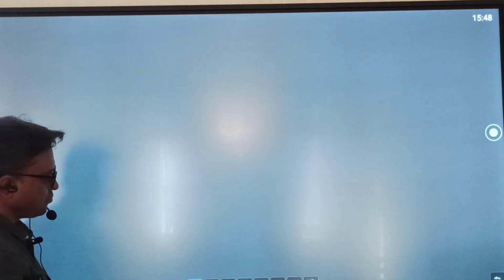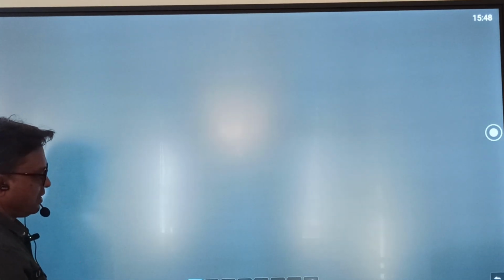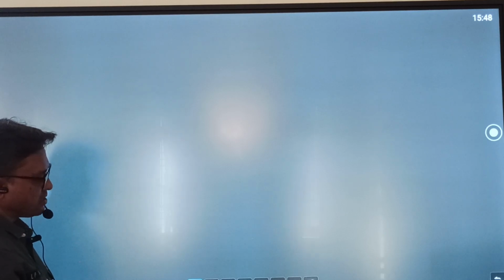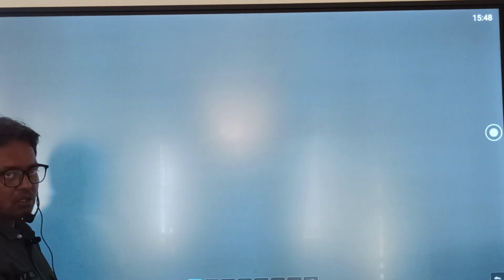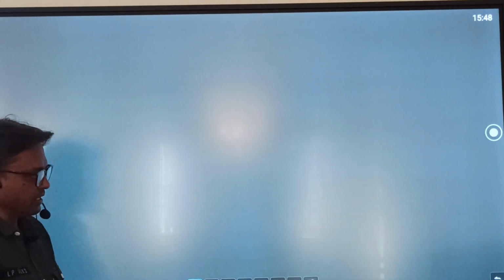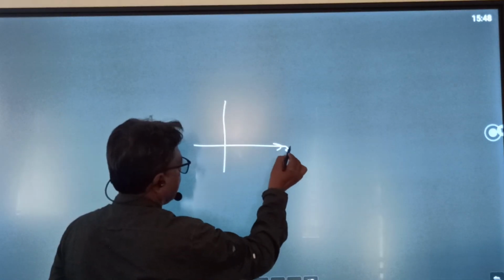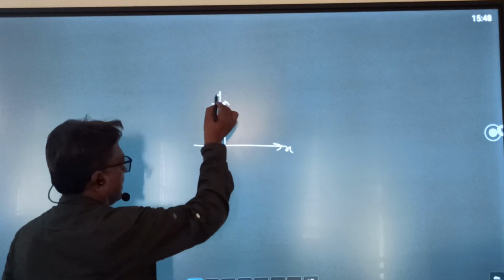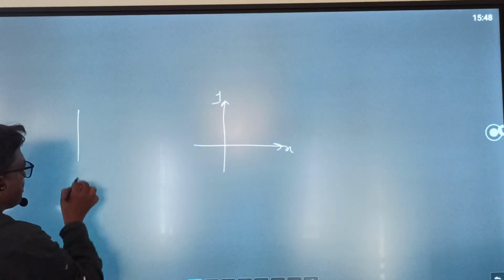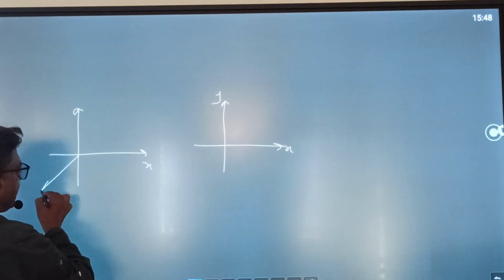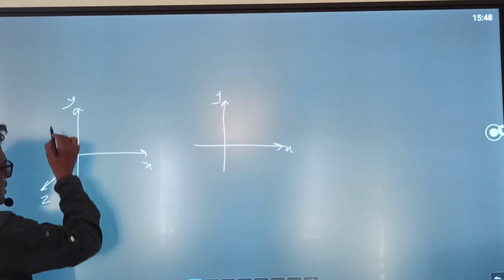Now we can represent any vector into its rectangular components also. Generally in rectangular components, when we talk in a plane, we have two axes, x axis and y axis, and when we are talking in space, we have three components, x axis, y axis and z axis. All are perpendicular to each other.